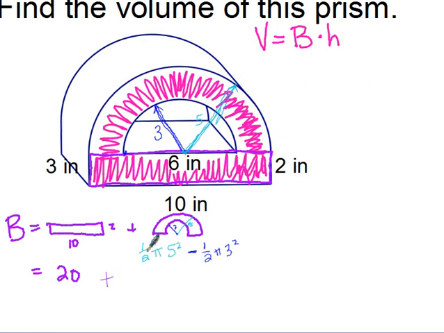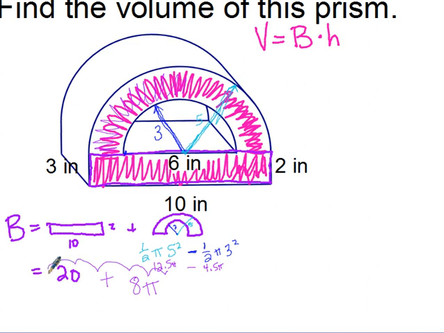So 25 pi, half of that is 12.5 pi, minus 3 squared is 9, half of 9 is 4.5 pi. So this whole outer washer, rainbow-looking thing has an area of exactly 8 pi. 12.5 pi minus 4.5 pi is 8 pi.